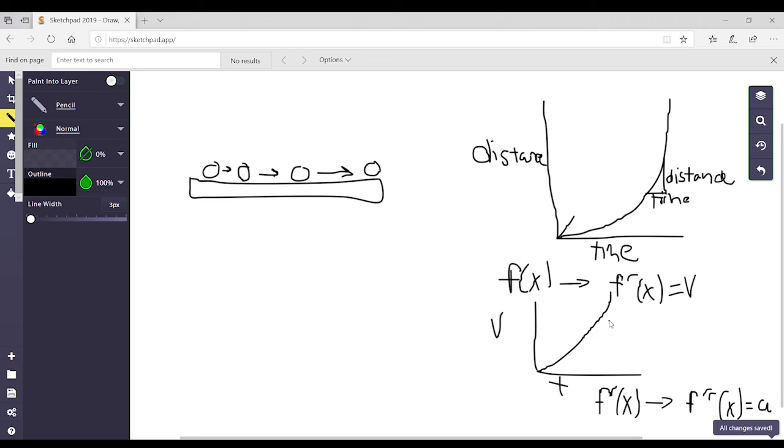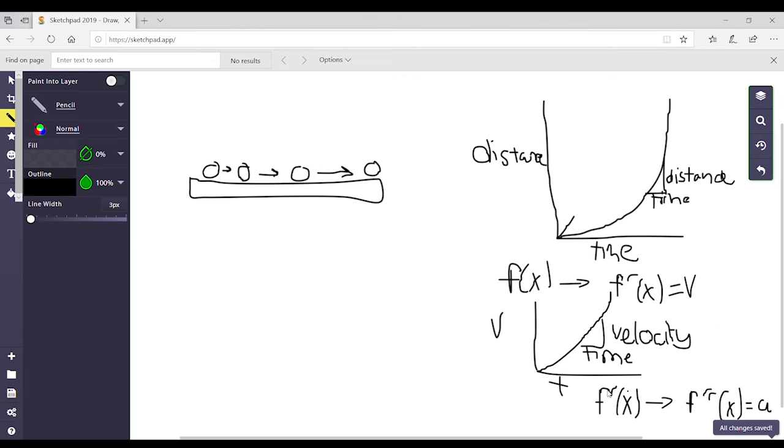So why is that your acceleration? Well, again, taking the derivative of something is basically saying y over x, and in this case our y is v, and our x is t. So it's saying velocity over time. So how much is velocity increasing as time goes on?